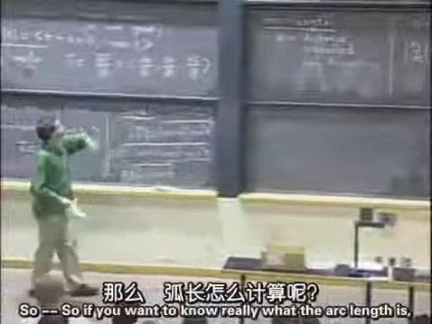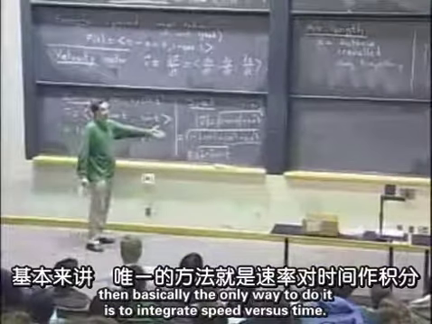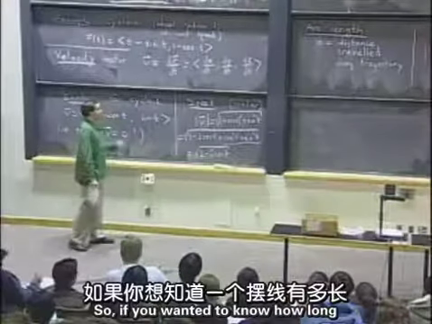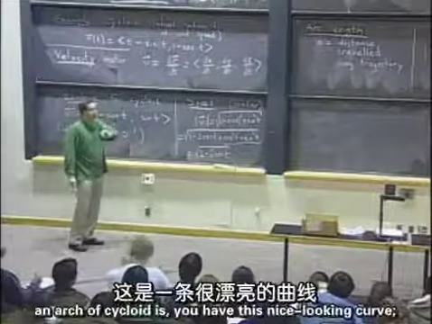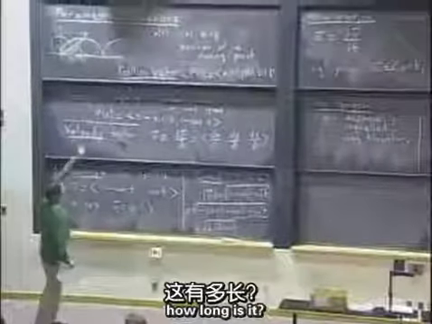So if you want to know really what the arc length is, then basically the only way to do it is to integrate speed versus time. So if you wanted to know how long an arch of cycloid is, you have this nice looking curve, how long is it?